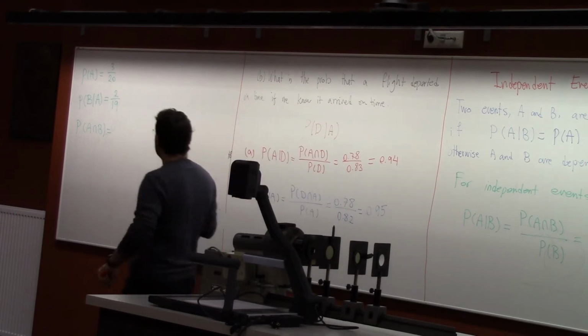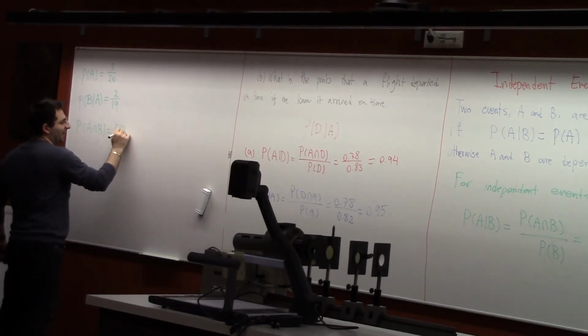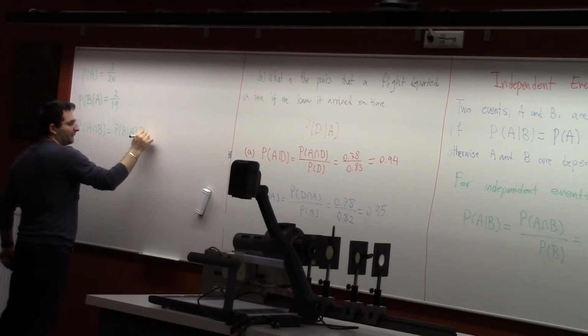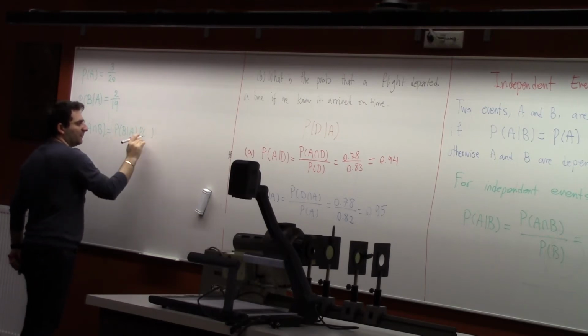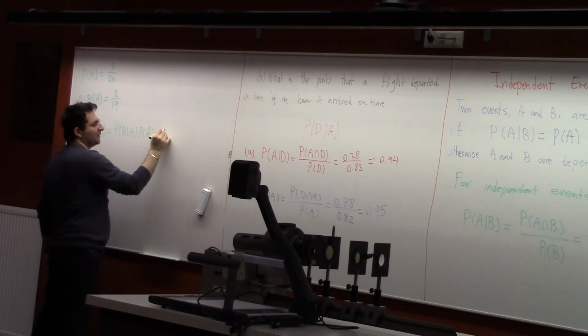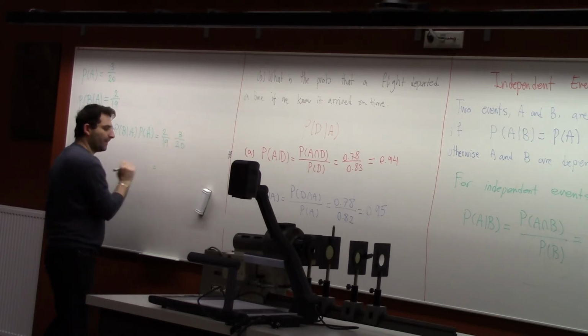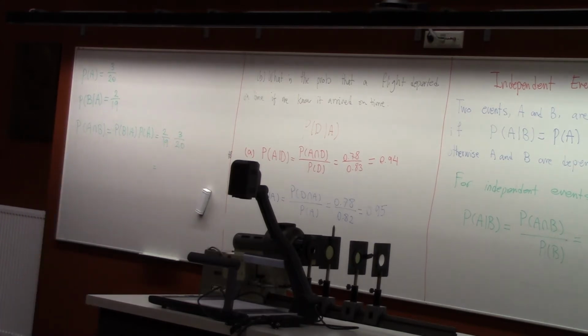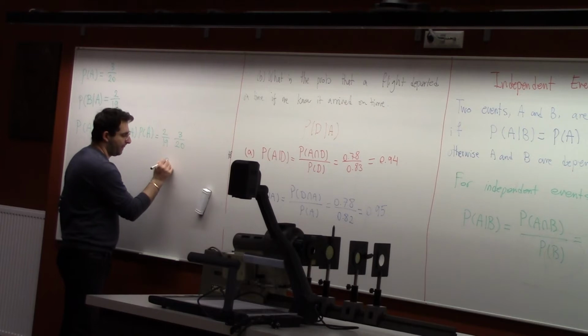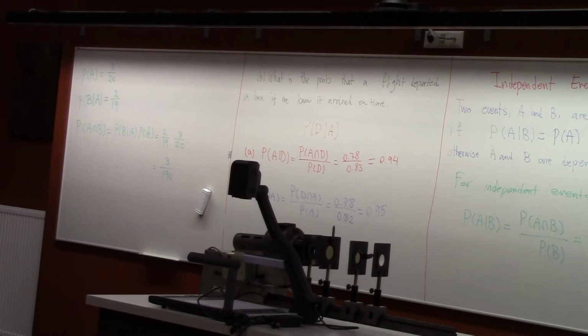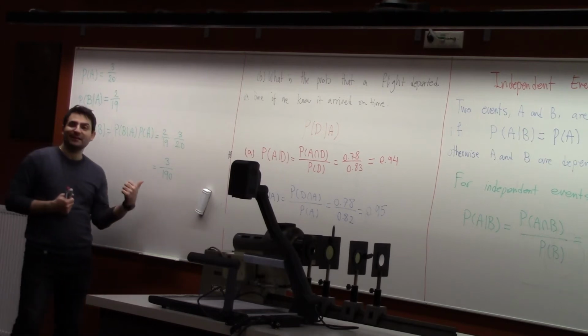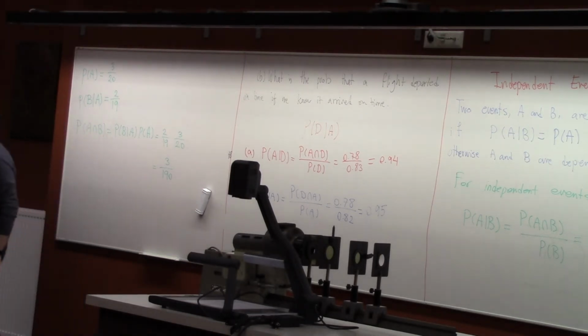This is probability of B given A multiplied by probability of A, and this is 2/19 multiplied by 3/20, which means it is 3/190. So the probability that I pick up 2 and both of them are bad is 3/190.